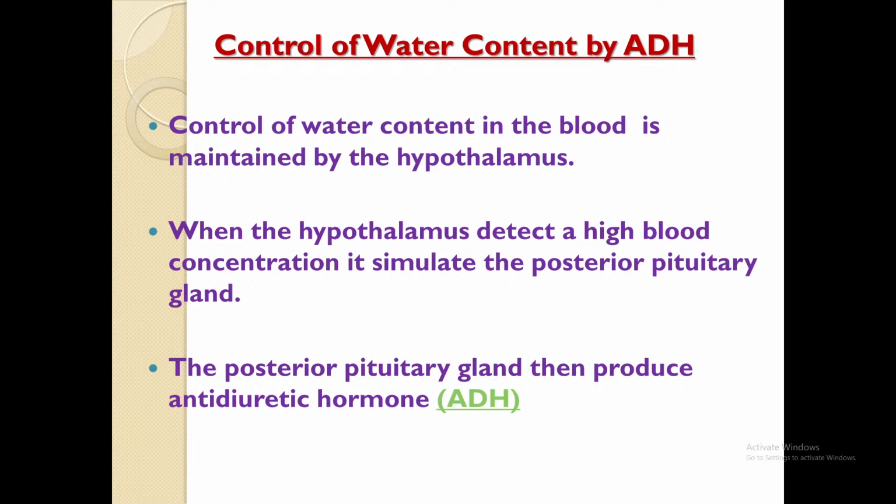So once the hypothalamus detects and realizes that deficiency, then it will instruct or pass on the information to the posterior pituitary gland. And once the posterior pituitary gland gets that information, then it will produce or release that hormone that is called the antidiuretic hormone, the abbreviation for which is ADH.